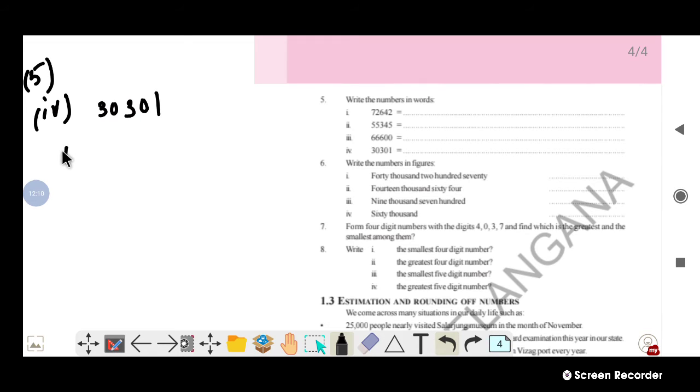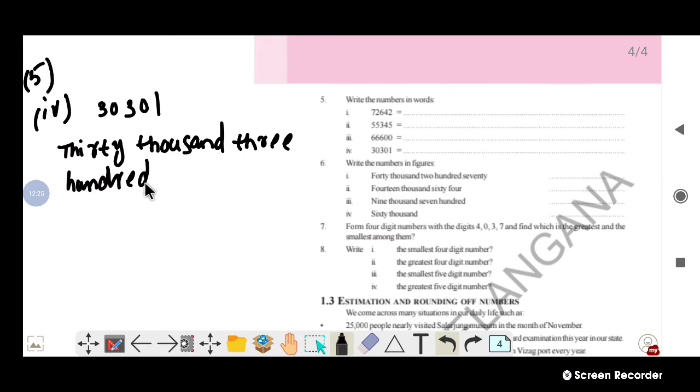So write 30,000, 300, 1. Okay, so 301. So now comes to the sixth question.